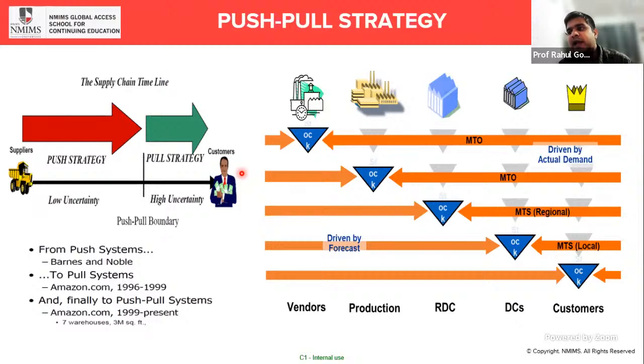Let me give you an example. Let's say there are 10 local warehouses managed by an organization, and there is a main regional distribution center. Now let's discuss an example.